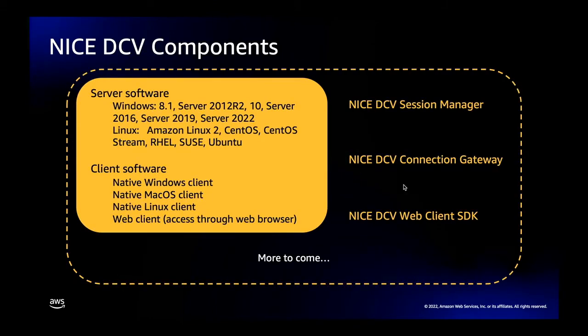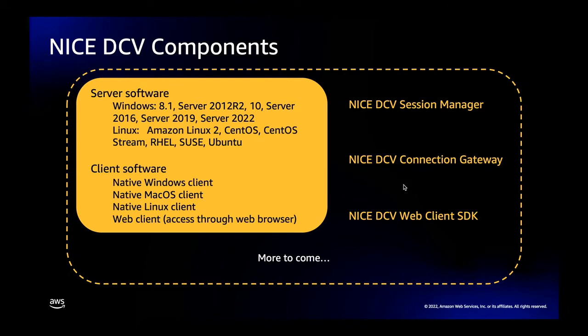As for DCV components, we have the core components in the yellow box. We have our server software, which supports a lot of different operating systems and Linux distributions. On the client side, you can either use a native Windows client, native Mac client, or Linux client, or many of our customers just use a modern web browser to access our web client.